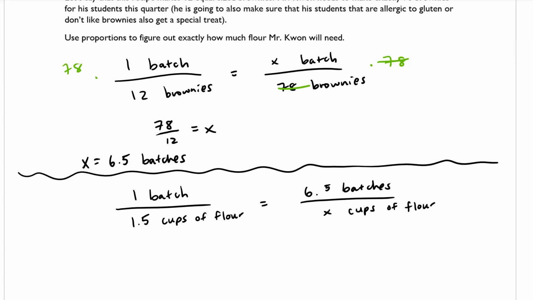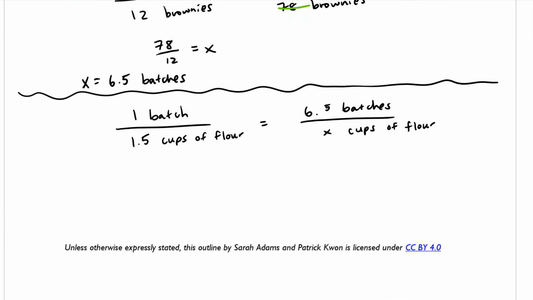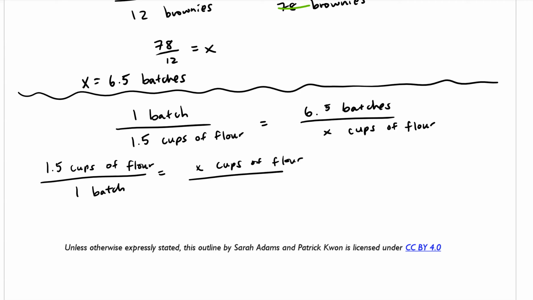So from here, notice that this is an example where the unknown is in the denominator. So I'm going to go ahead and flip both of those fractions. So I'm going to do 1.5 cups of flour for one batch of brownies is equal to x cups of flour for 6.5 batches. Okay, so now I'm going to multiply 6.5 on both sides.